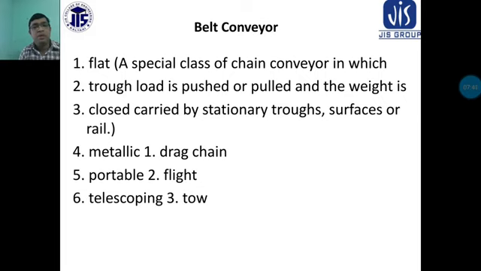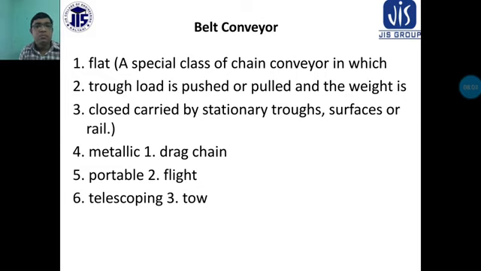Basically, the belt conveyor is classified like this. The special class is chain conveyors, in which the load is pushed or pulled, and the weight is carried by the stationary top surface or rail, which is considered according to the closed carrying belt conveyor here.